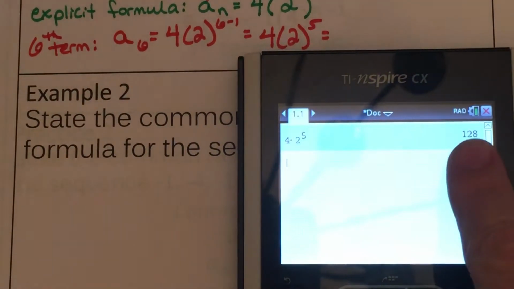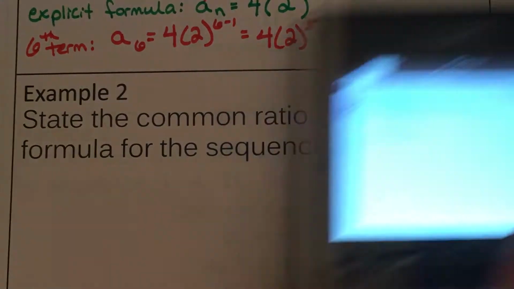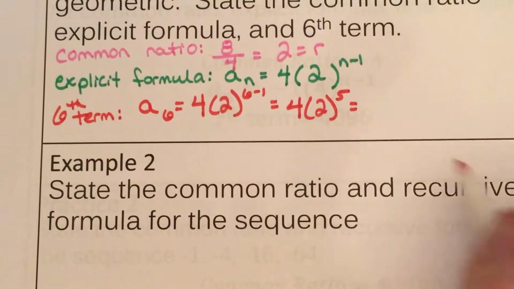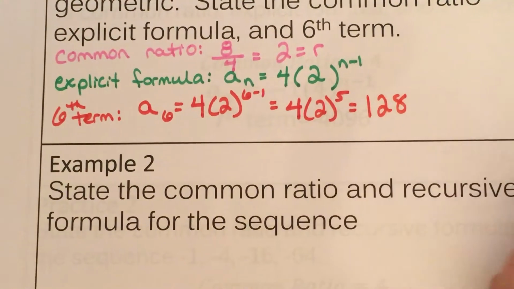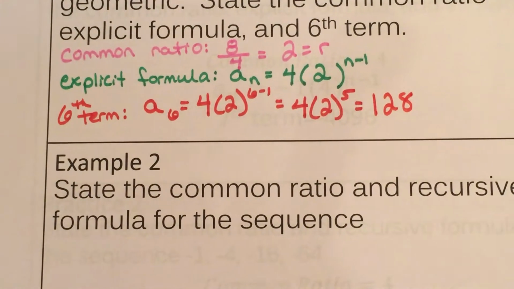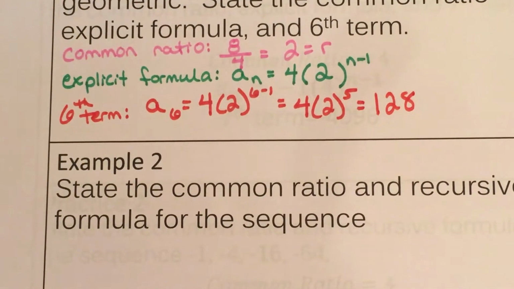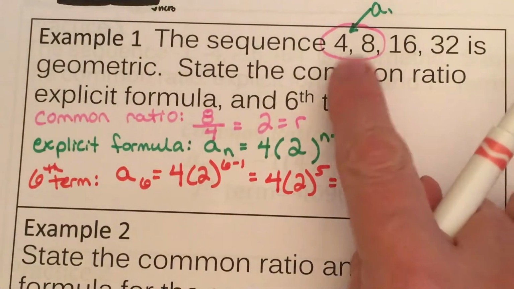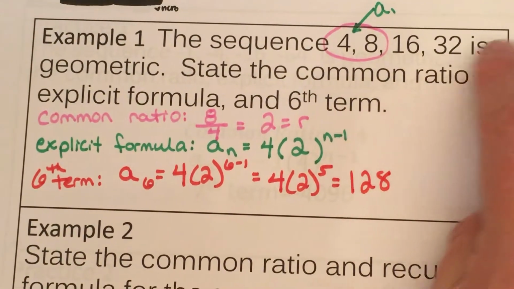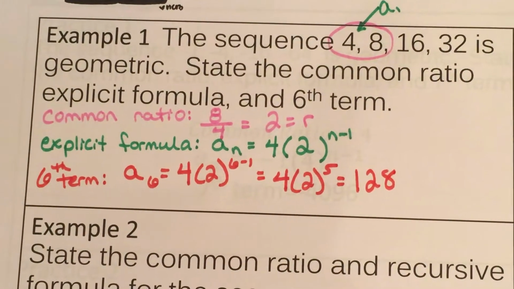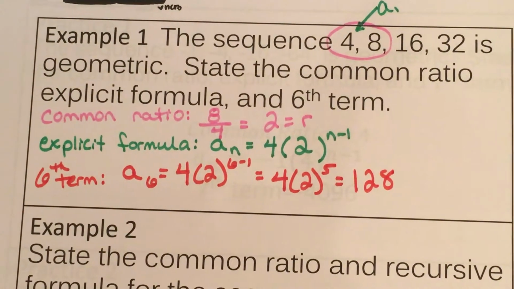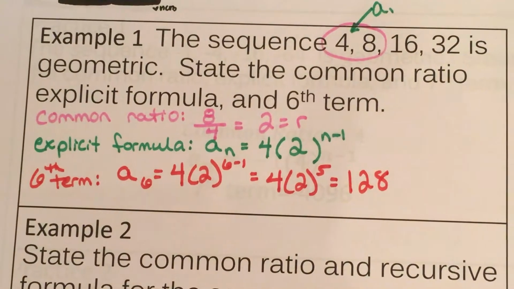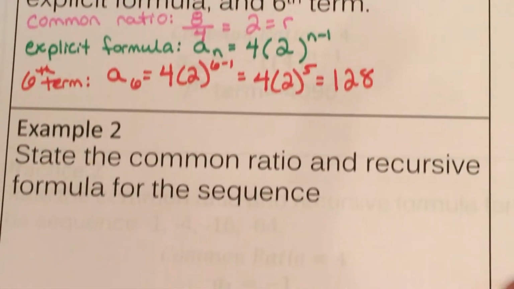Enter. 128. So on the 6th step, the 6th term, I would get 128 if I keep doing this pattern of behavior. That's not so bad. That's pretty easy, yeah? I hope so. Let's do example 2 together.